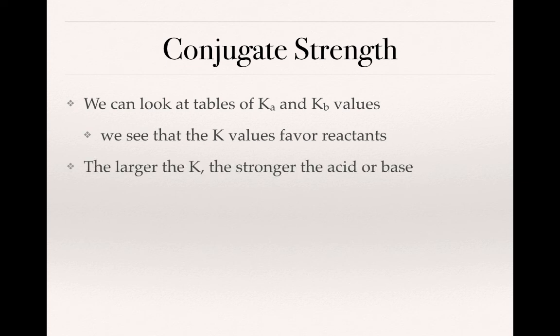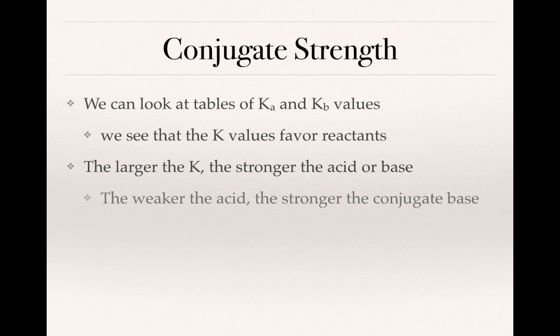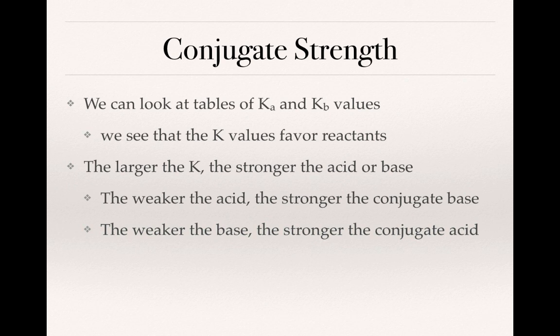But the larger that K value, the stronger that acid or base is going to be. And the weaker the parent acid, the stronger the conjugate base is going to be. The stronger the acid, the weaker the conjugate base is going to be. And we can say the same thing for bases as well.